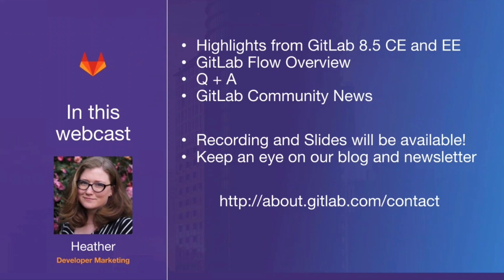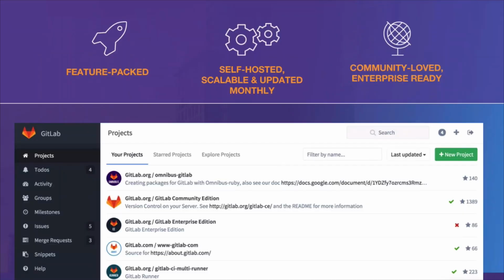GitLab, if you are brand new to it, you can find out about it on our website. It's where you collaborate on code. It is a really feature-packed service. You can use GitLab.com completely free, with unlimited private and public repositories. People are always surprised that it is actually unlimited.